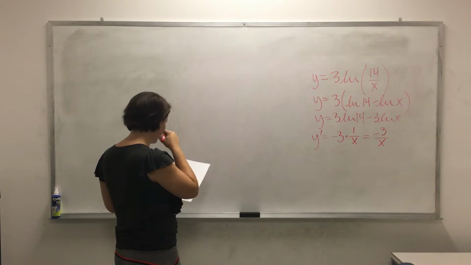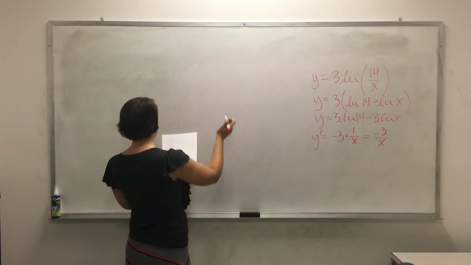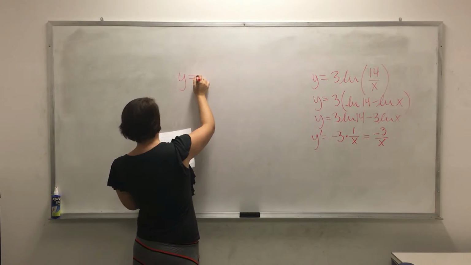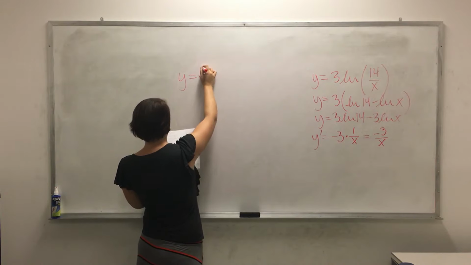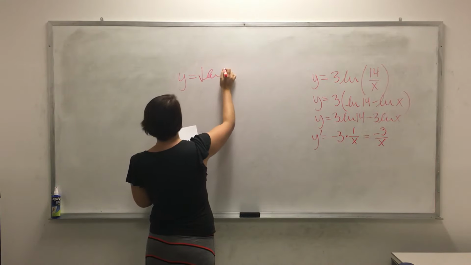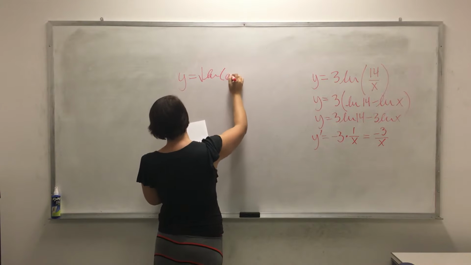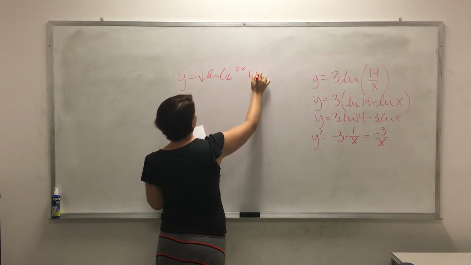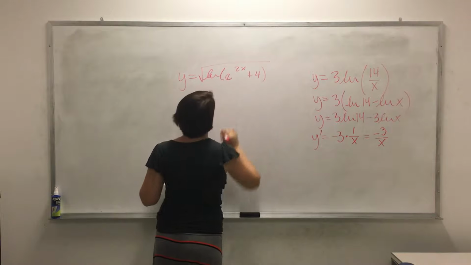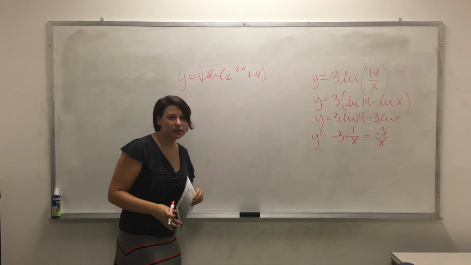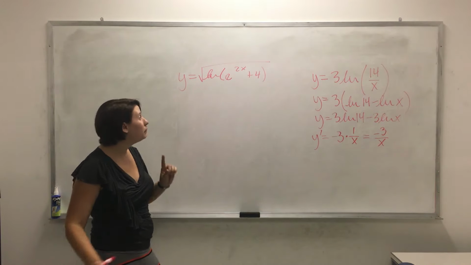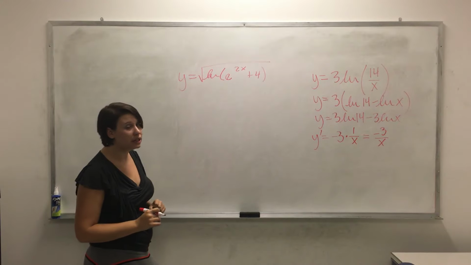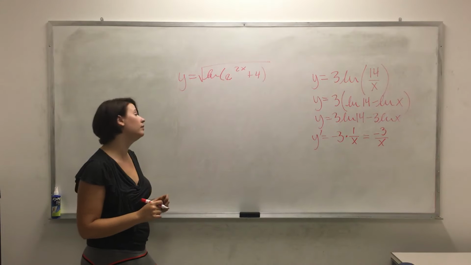Okay, so then if we have y equals the square root of ln of e to the 2x plus 4. We want to take the derivative again. Before we can do that, however, we need to simplify it, rewrite it.